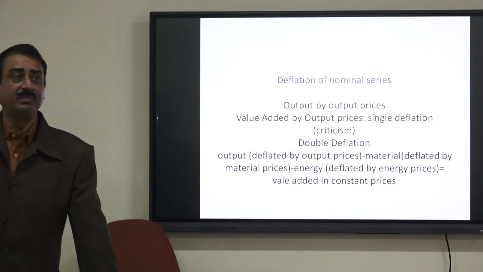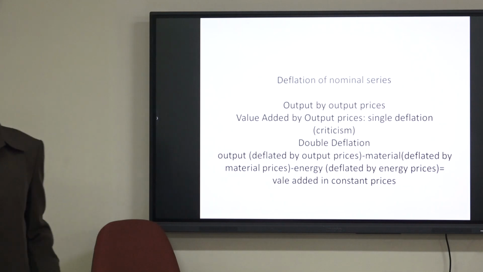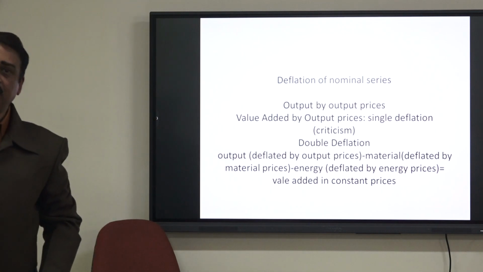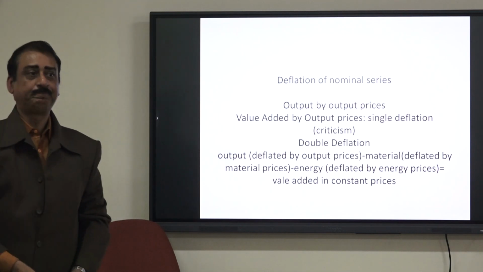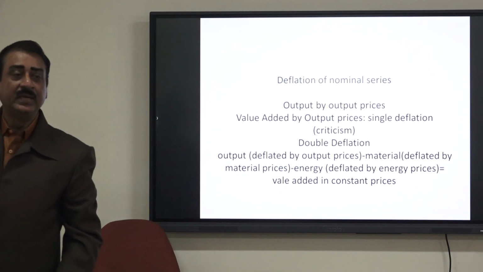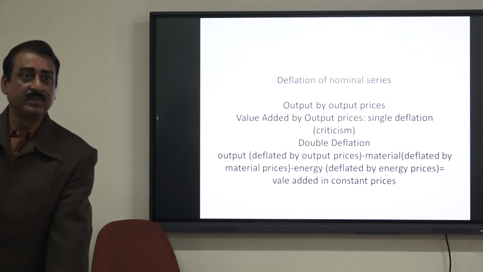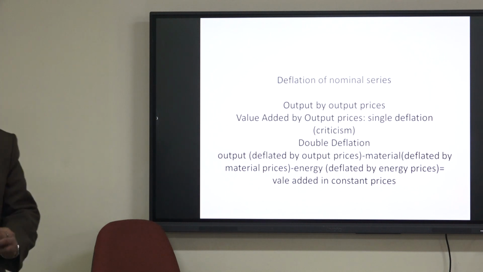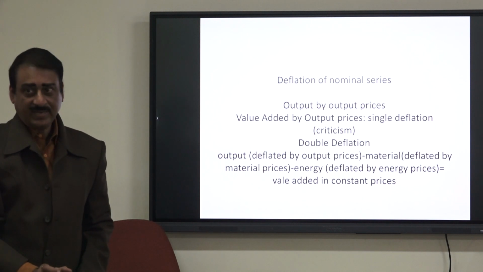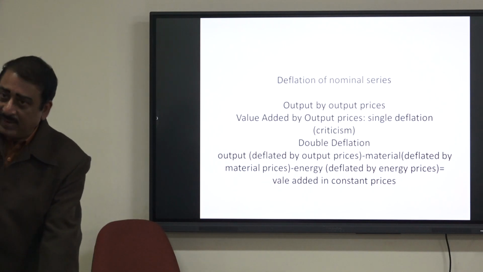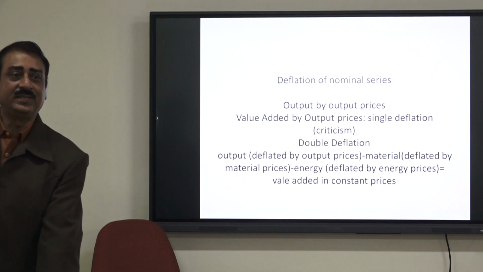So the double deflation method can be more appropriate. What you do in the double deflation method: you take the output series and the output price, and deflate it. You take the materials for a given industry separately, take the material price, deflate the material quantities by the material price index, and then from the deflated output series, you net out, deduct the deflated material series.